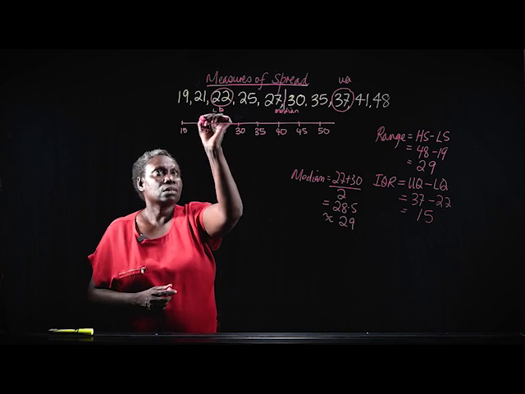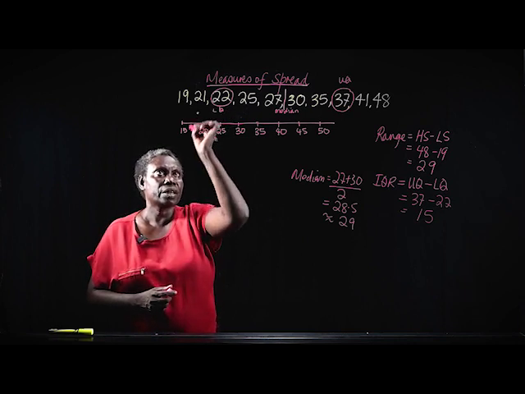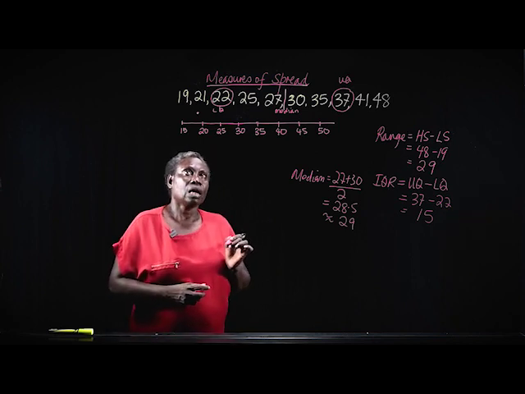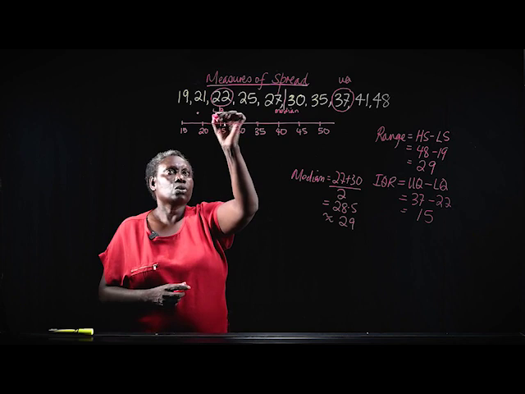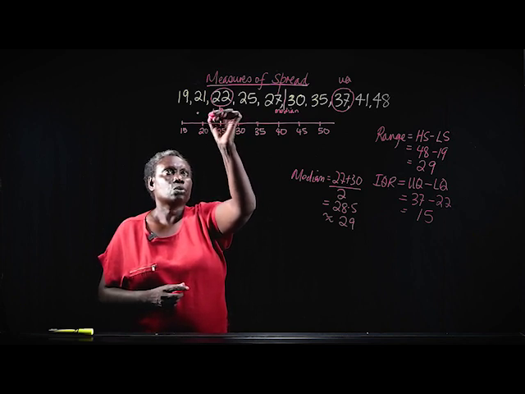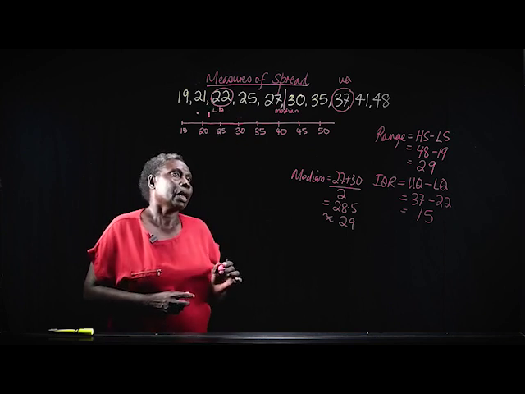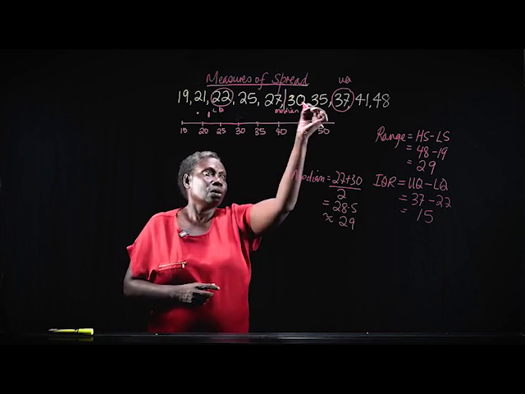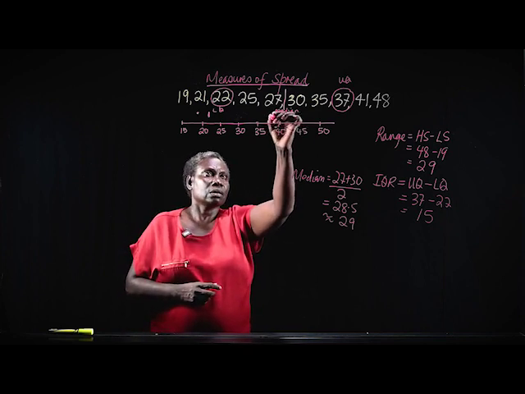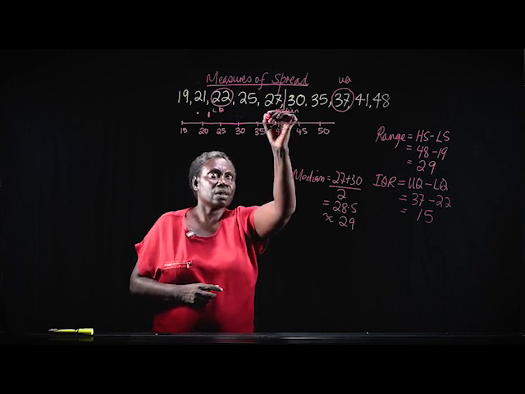Now, our lowest score is 19. So if this is 20, 19 is roughly somewhere around here. The lower quartile is 22, which would be closer to 20, so it will be somewhere here. The upper quartile is 37, which is somewhere around here.